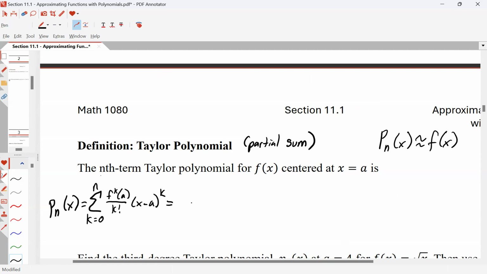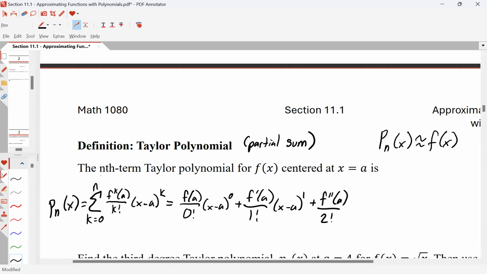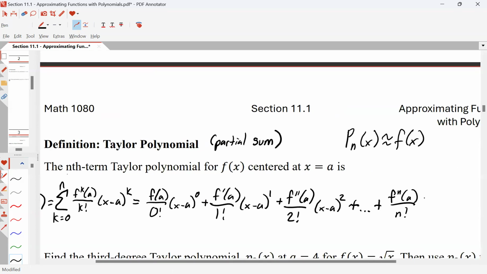And writing out a few of these terms, this will be the function at a over 0 factorial x minus a to the 0, plus the first derivative at a over 1 factorial x minus a to the first, plus the second derivative at a over 2 factorial x minus a squared, and so on until we actually have an ending point, and that is the nth derivative at a over n factorial x minus a to the n.